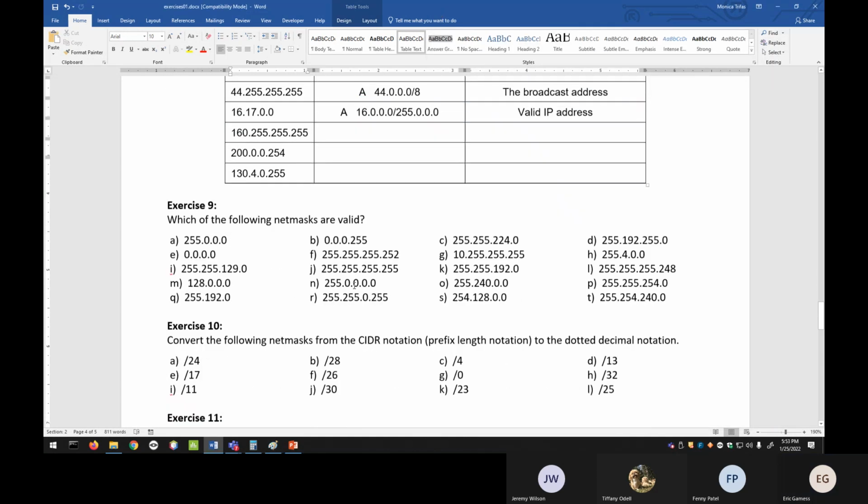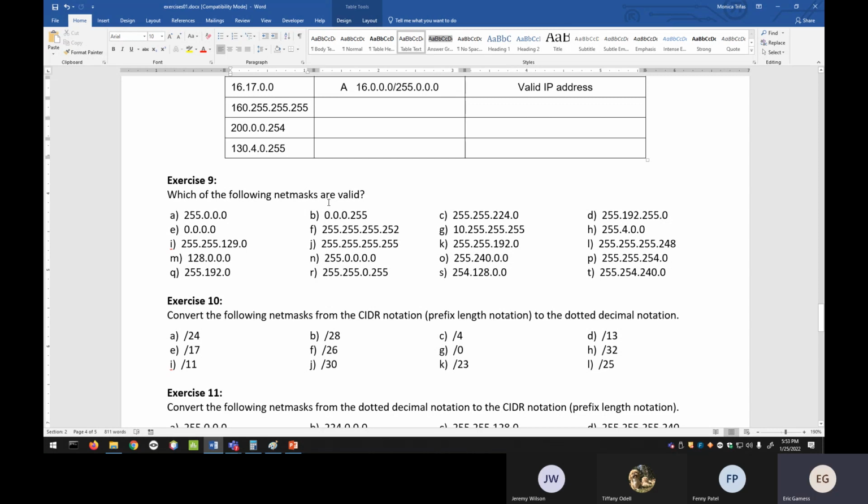Okay. Which of the following netmasks are valid? Is this a valid netmask? So what is the definition of a netmask? A series of 1s followed by a series of 0s. The total number of bits must be 32. So let's see that.